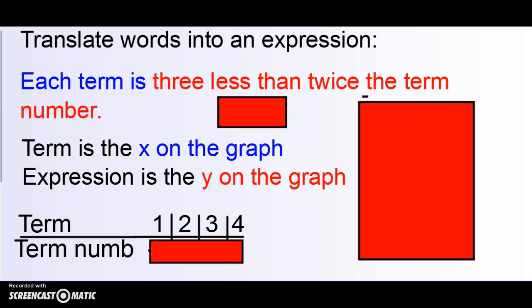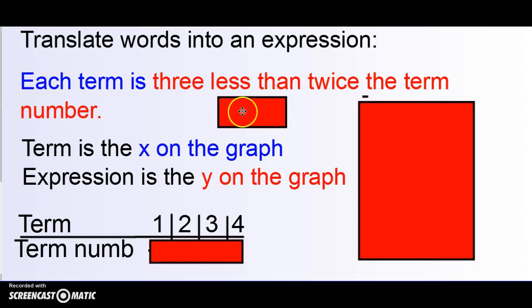All right, translating words into an expression. Hopefully this part's a little review. Each term is 3 less than twice the term. Than always tells you that this part comes second, and whatever comes after than goes first.